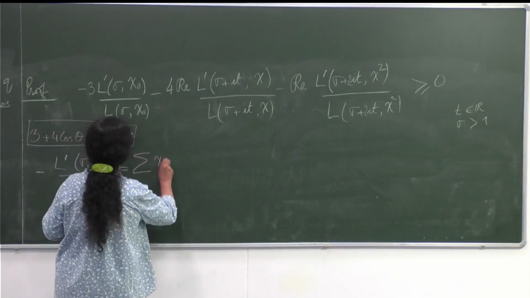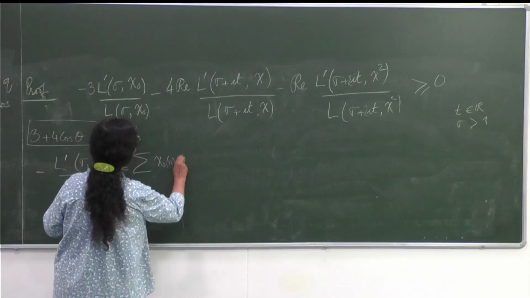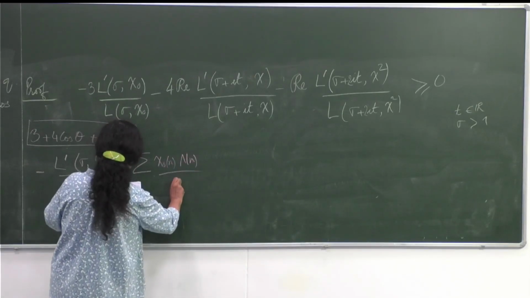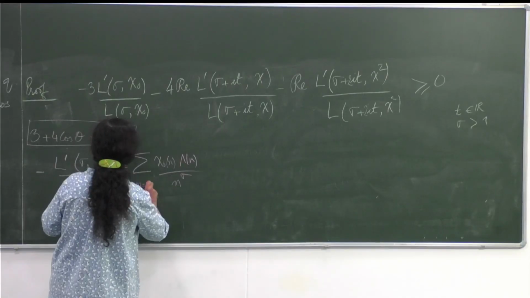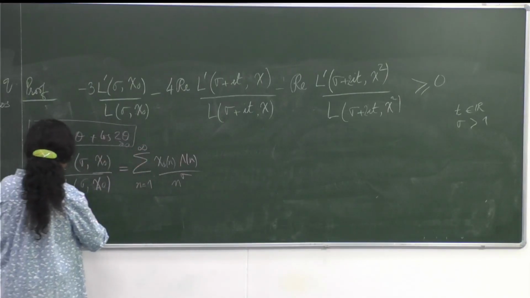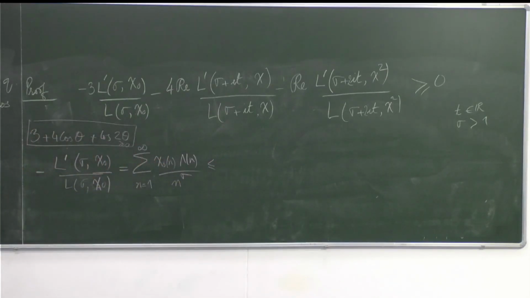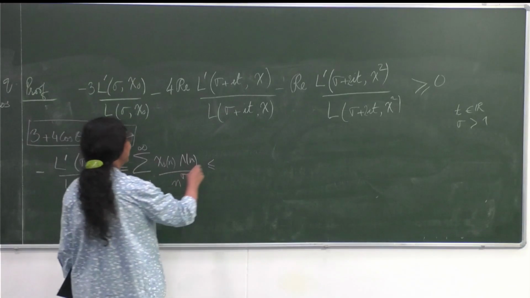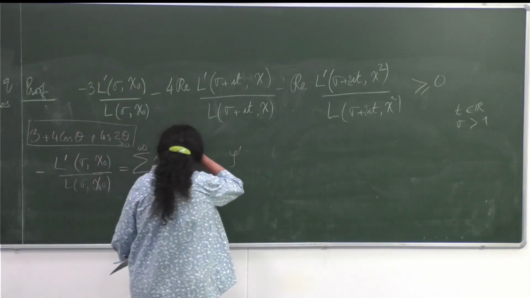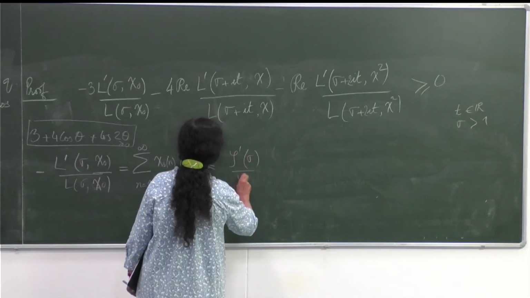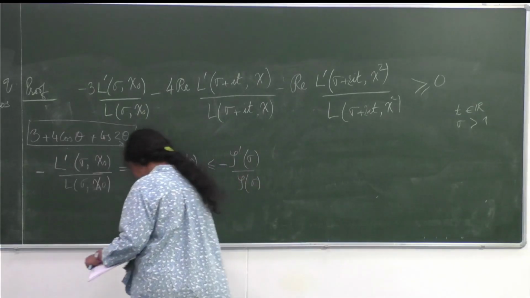I get chi 0 n, then von Mangoldt Lambda n, and then n power sigma, and n goes from 1 to infinity. Is that right? And this is therefore less than or equal to, I can forget this chi, and then I'm left with Lambda n by n power sigma, and that is zeta prime of sigma over zeta of sigma. I had a negative somewhere, so there should be a negative somewhere.